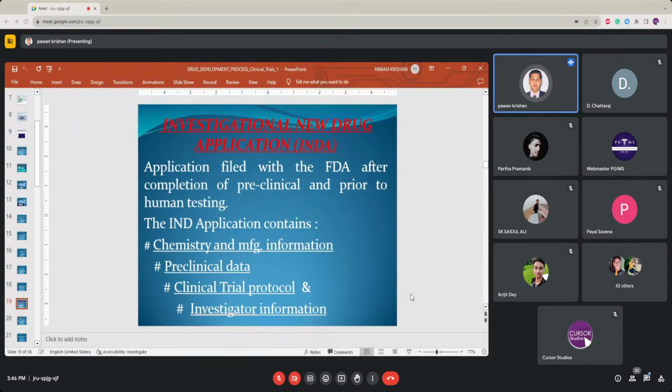So different types of chemistry parameters, development of assay methods, and moreover, very important is the metabolites. The metabolites means once the drug is ingested into the body, it will break down into various metabolites. Now those metabolites will be very new, unknown to us.